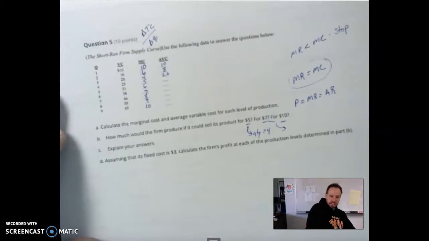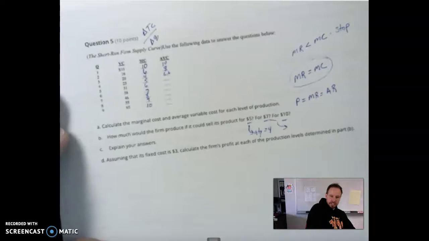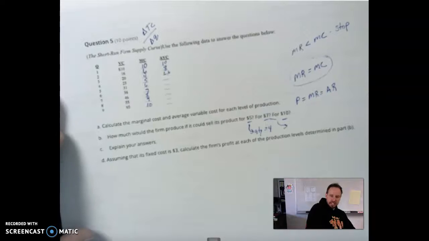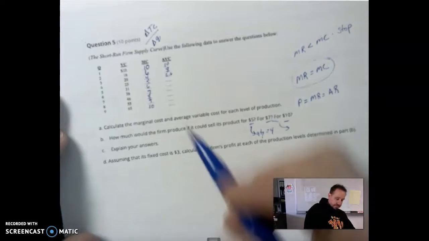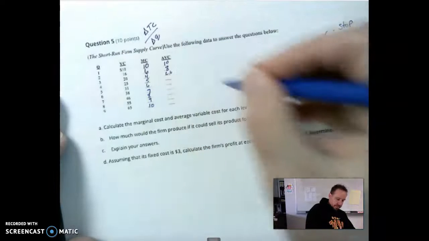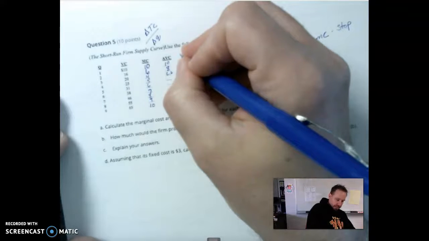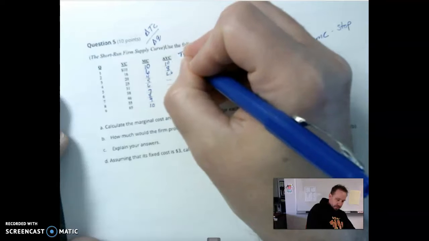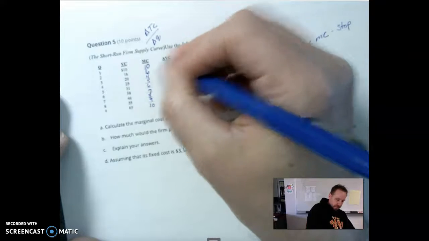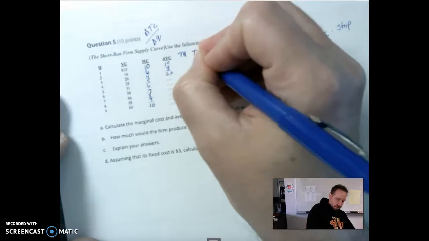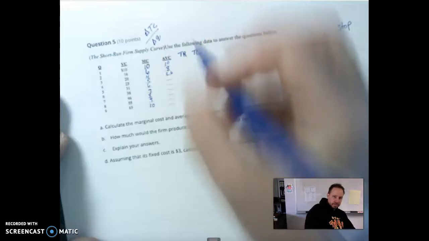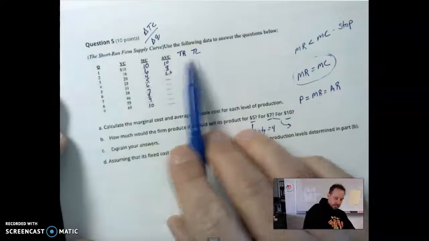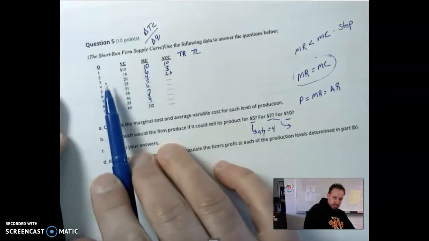Letter D says, assuming that its fixed cost is 3, calculate the firm's profit at each of the production levels. So you can come over here, and what I would do is put a total revenue, and I would put total cost. And then you can go through and start to figure this out.